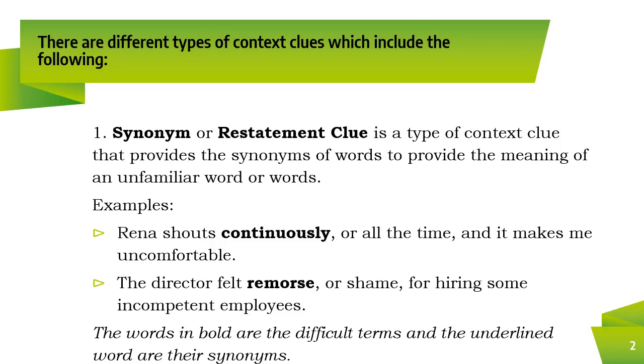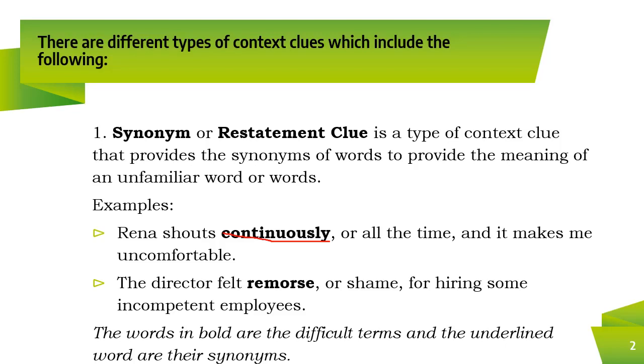So for the first example in your module, we have: Rina shouts continuously or all the time, and it makes me uncomfortable. In this case, the unfamiliar word is continuously. All you have to do is to look at the word that is synonymous, or has the same meaning as continuously.